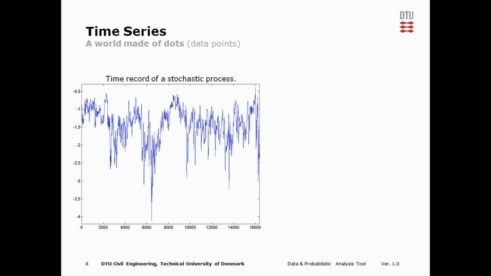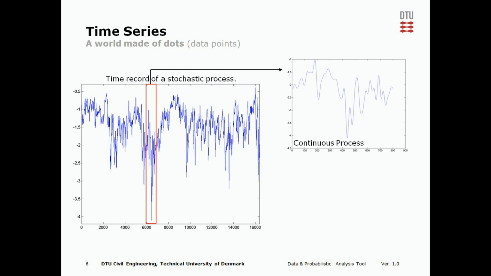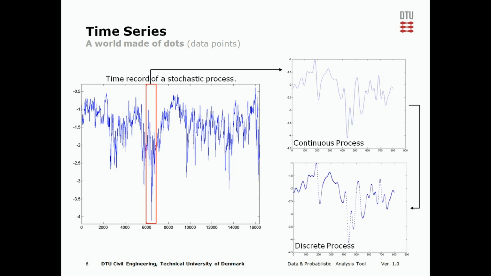If we talk about an observation in time and a set of data points, we have to remember that the time record of a phenomenon is in principle a continuous process. It doesn't contain any holes, it is a continuous development of a load, wind speed or whatever in time. But the measuring process converts this continuous process into the data set we are working with.